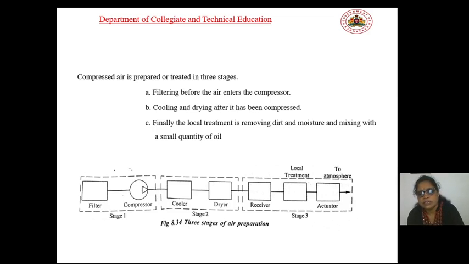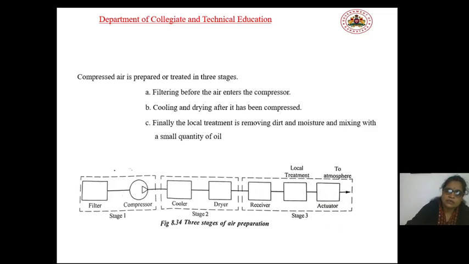The receiver receives the dried air from the dryer and sends it to the local treatment, where a small amount of dust can be removed, and then to the actuator, where it actuates, or the movement of the actuator converts the energy into another form. Once the energy is taken from the air, it is sent to the atmosphere.